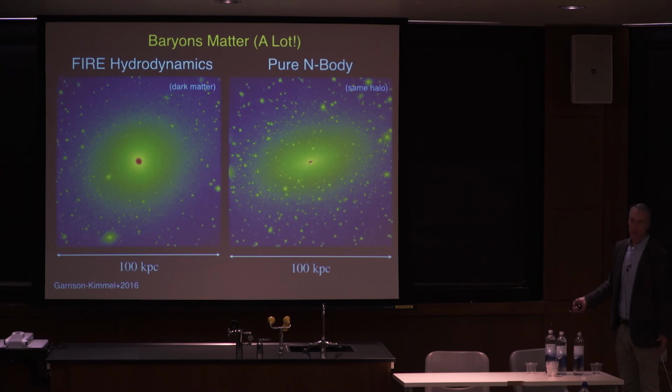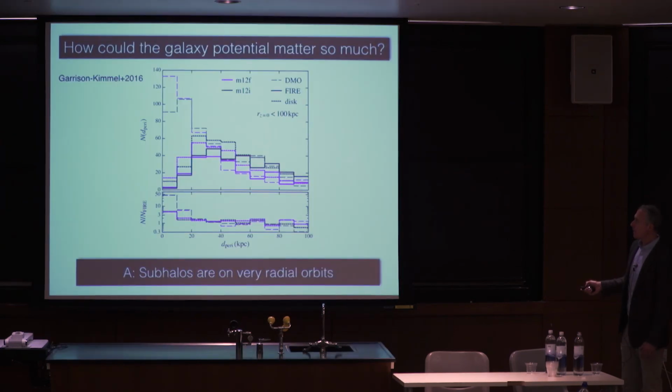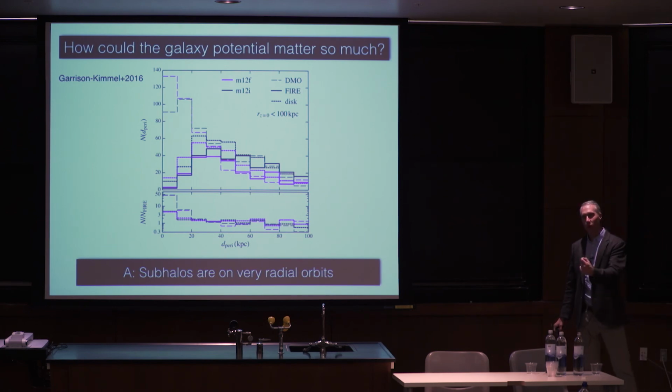Well, that's kind of what I was trying to get to here: a lot of the stuff that is right now at 100 kiloparsecs used to be within 20 kiloparsecs, because subhalos are on very radial orbits on average. So what this does is it preferentially kills the radial orbits, and it leaves you with more circular orbits. So the only things that survive are the things that don't come in close.